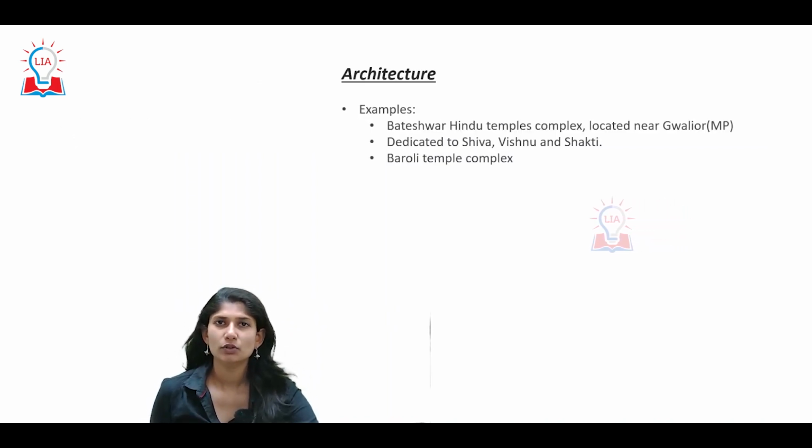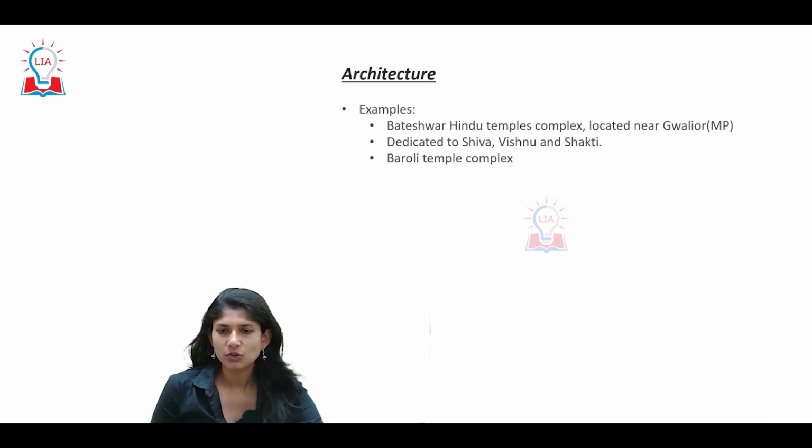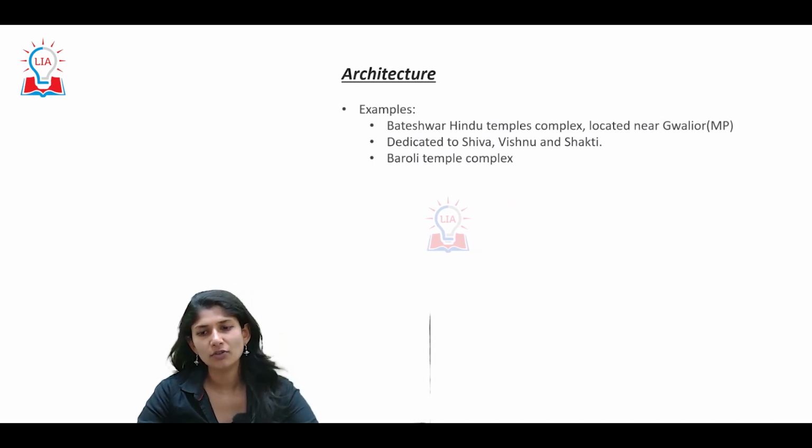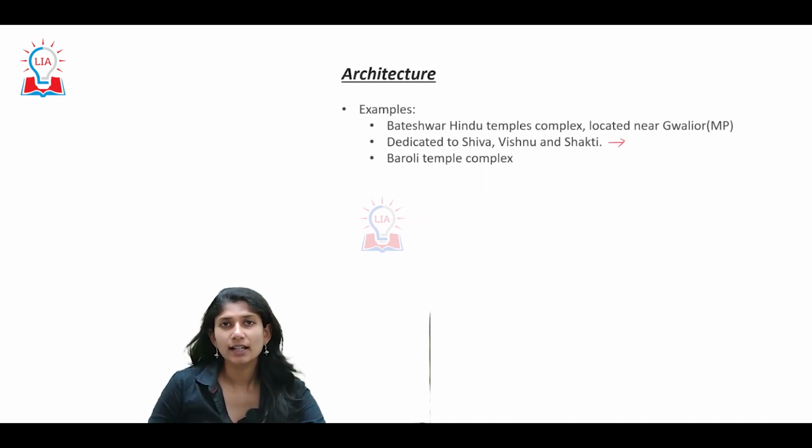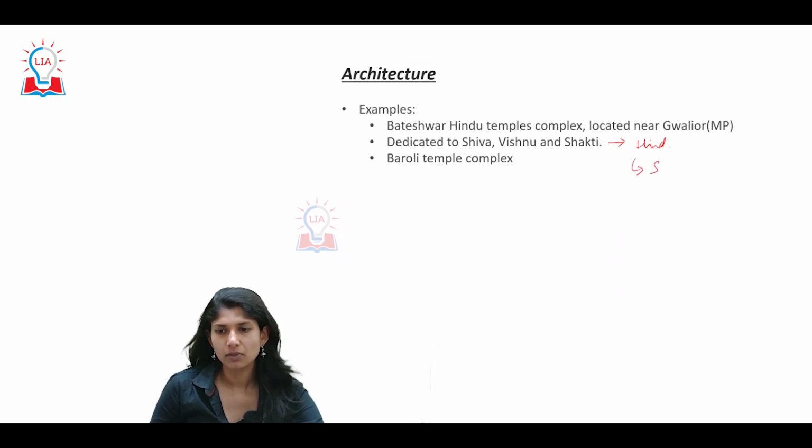An example of temple architecture belonging to the Pratihara period is the Bateshwar Hindu Temple Complex near Gwalior in Madhya Pradesh. This is dedicated to Shiva, Vishnu and Shakti. In Hinduism, they laid stress on Shaivism and Vaishnavism; they were patrons of both.